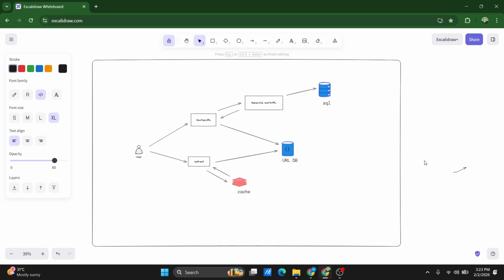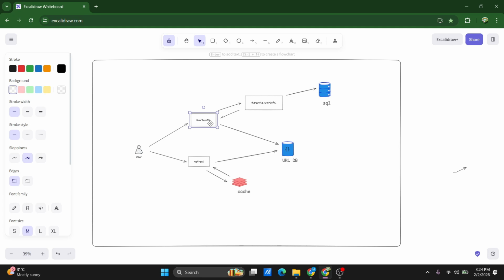For high availability, what we do is, when this shorten URL service fails, we will duplicate the shorten URL service. So if one fails, the other service runs. The same way the redirect service, if one fails, the other runs. The same way the generate URL service, if one fails, the other runs.